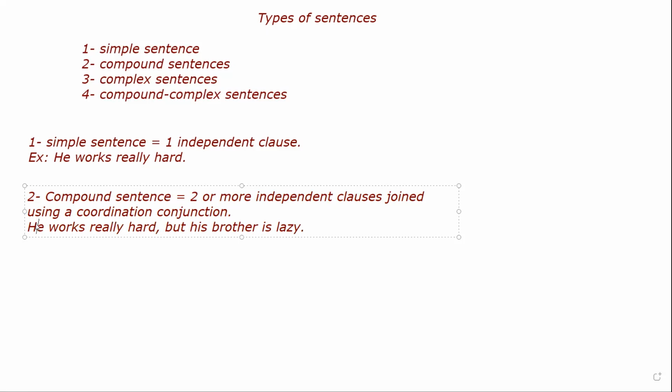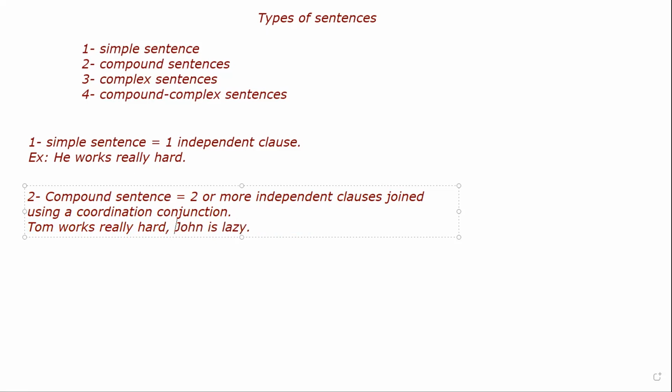For example, let's use Tom. Tom works really hard, but his brother, John, is lazy. Here, Tom works really hard is one independent clause. His brother, John, is lazy, or let's just say John, and remove but. Full stop, John is lazy. I am going to connect these two sentences using but.